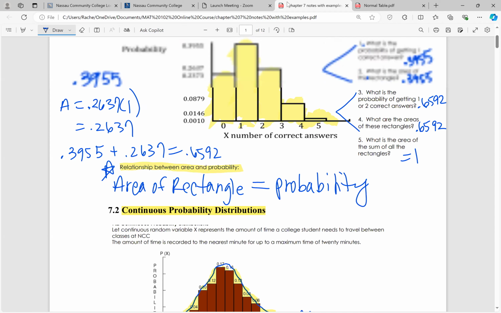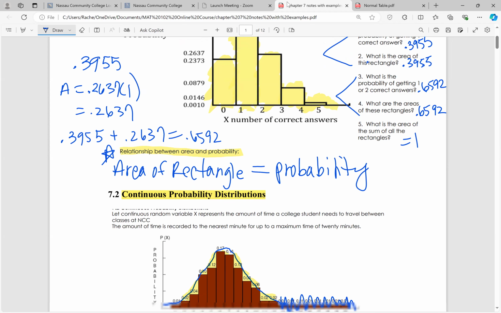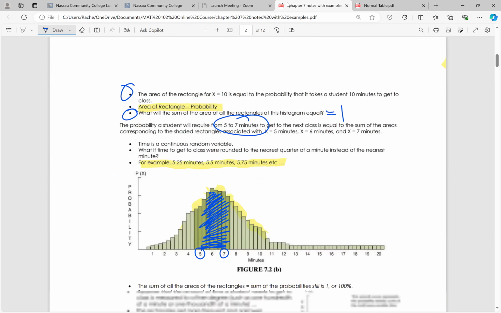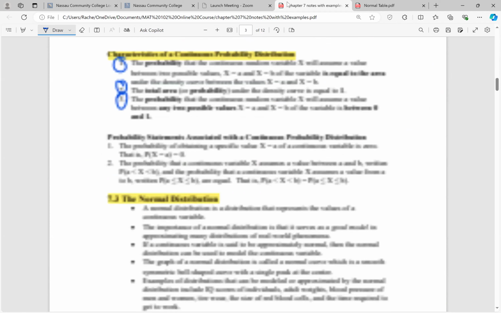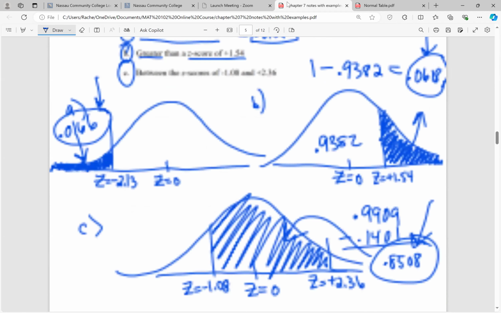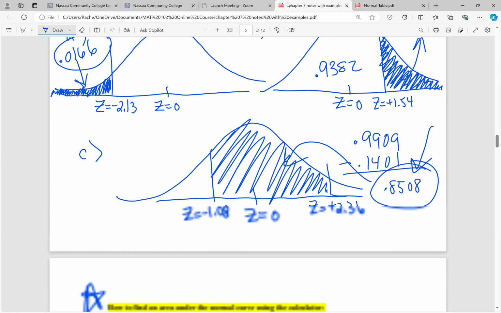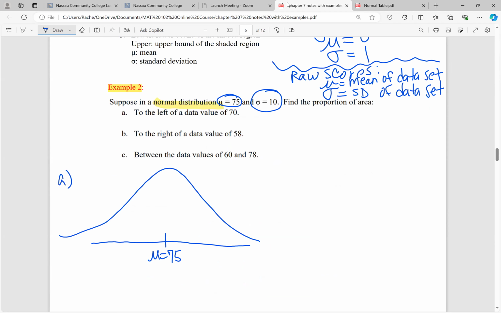Remember in the first example we did a couple of lectures ago, area of a rectangle is equal to the probability, or the area under the curve is equal to probability.